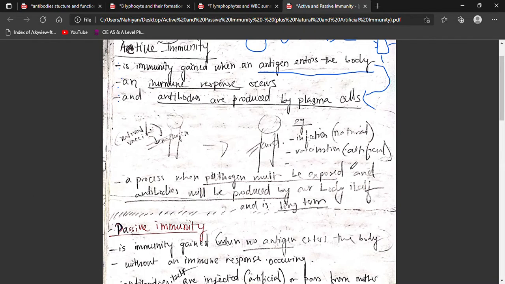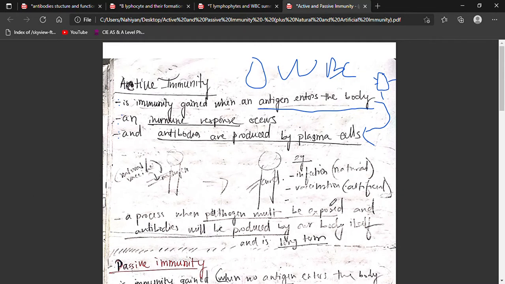You take the dead form of that pathogen, so your lymphocyte can be exposed to that and produce a type of antibody, and hence a memory cell, which can produce the plasma cell which produces that antibody when the actual pathogen enters.